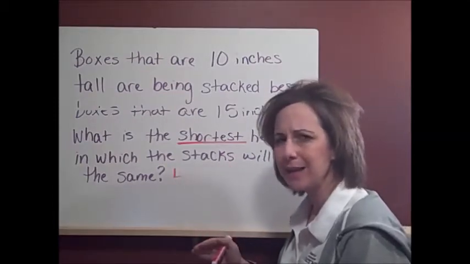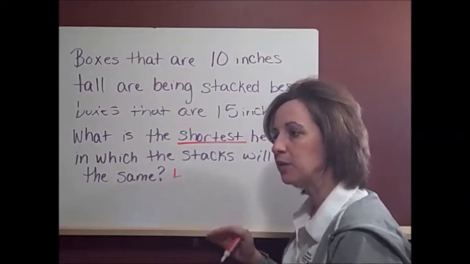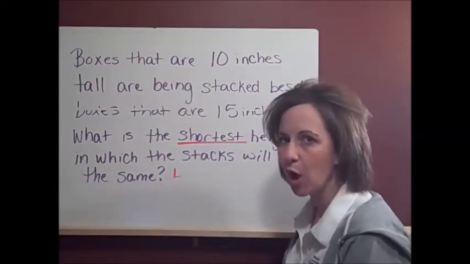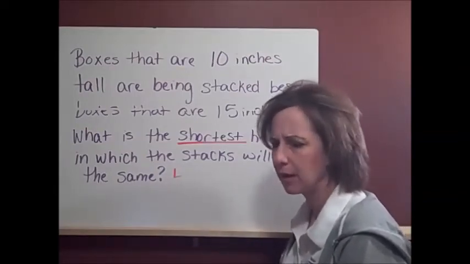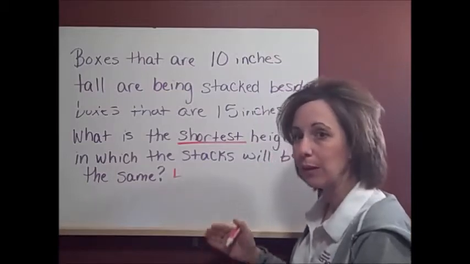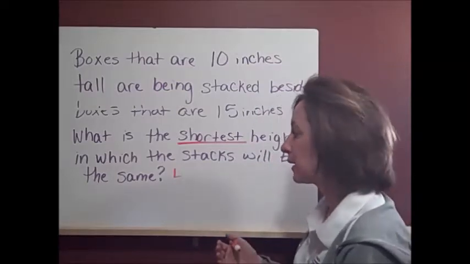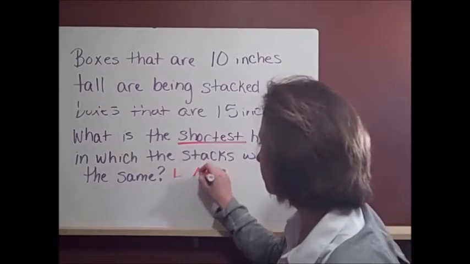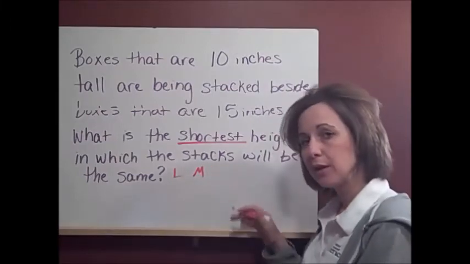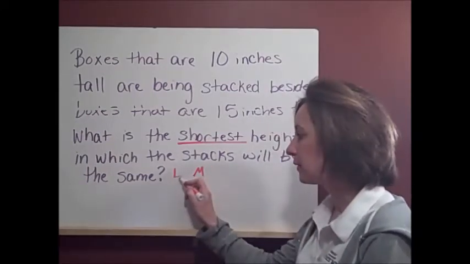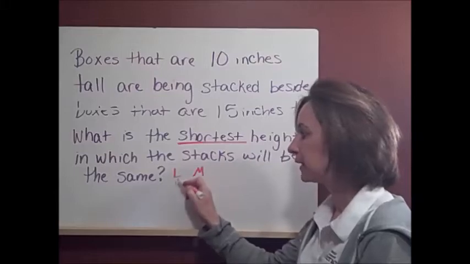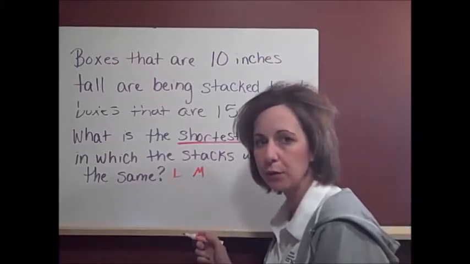Does it make sense that my numbers would be smaller? Could I have a stack smaller than 10 inches? No. My stack is going to be large, which means that I'm going to find a multiple, because multiples get larger. So if you can see here, this is telling me that I'm going to find the least common multiple.